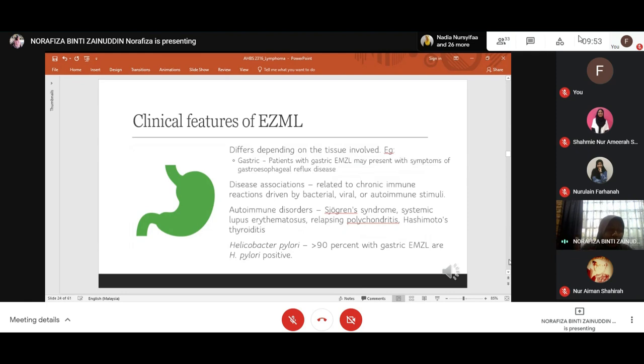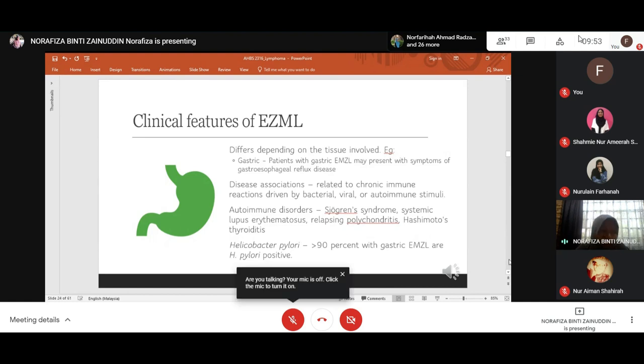Small intestine, patients with small intestine EMZL have intermittent diarrhea, colicky abdominal pain, symptoms related to malabsorption.